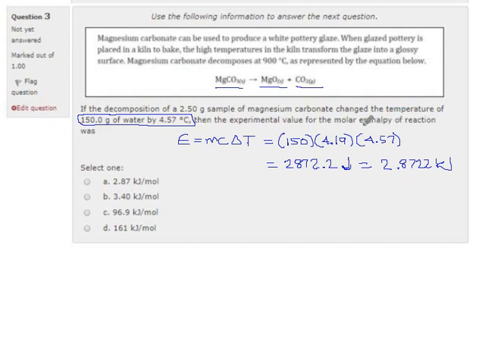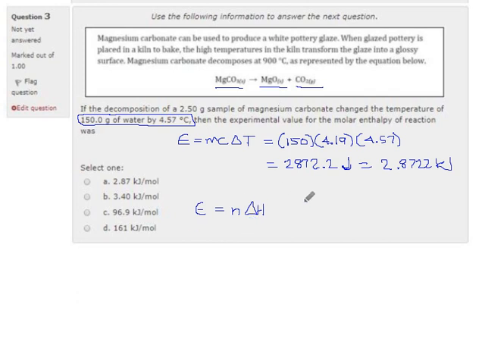So, what's the molar enthalpy of reaction? We have another formula that says the total energy released by a reaction equals the number of moles of chemical that reacted times its delta H, which is what we call the molar enthalpy of reaction. We want to find this.